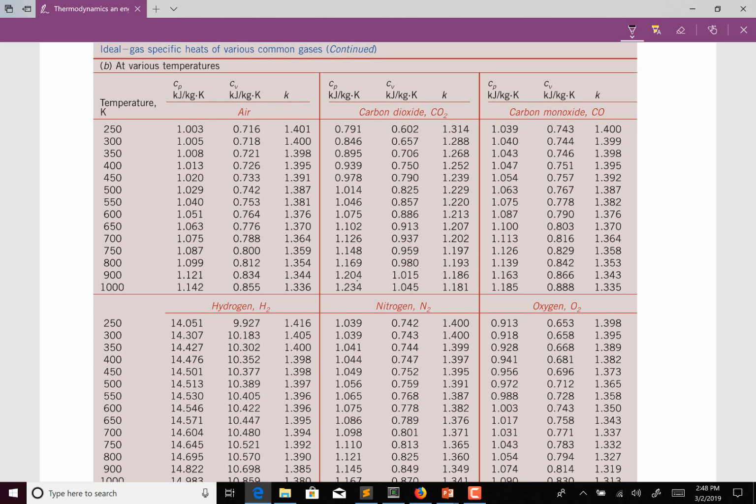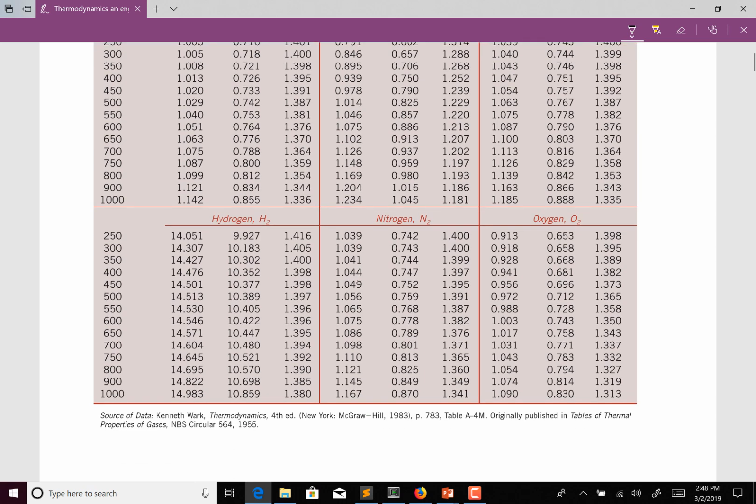So let's say that we have a process where we have hydrogen, and the temperature change is, let's just say, from 400 to 600.